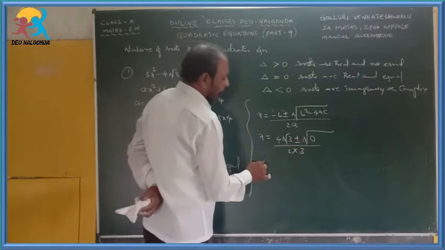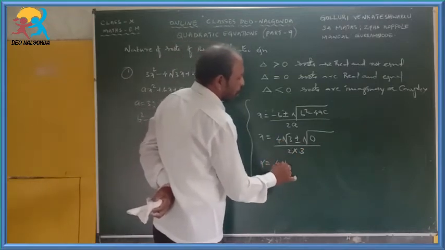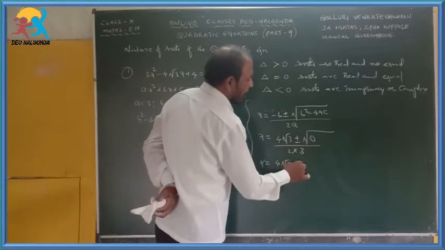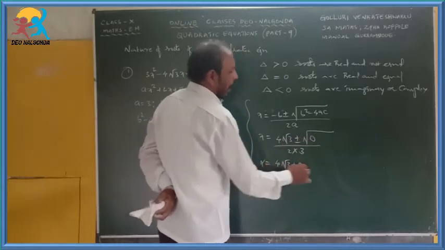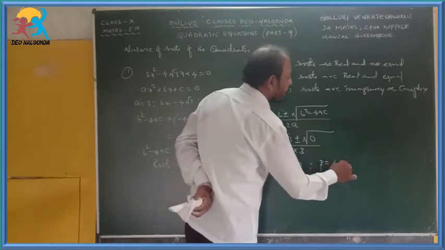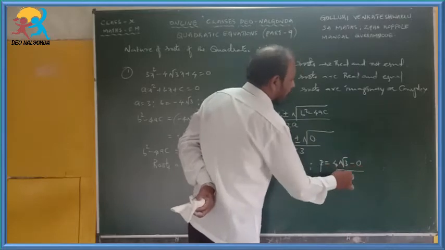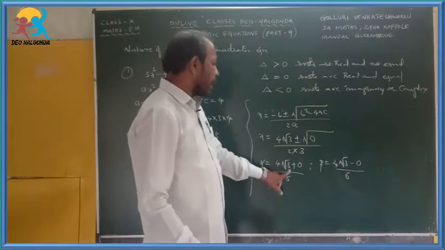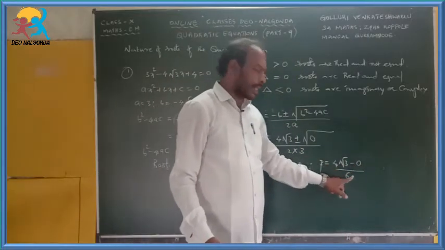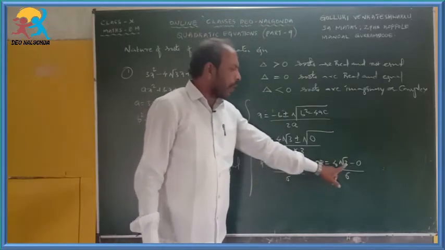So x is equal to alpha, the first root, 4 root 3 plus 0 by 6. The other root, beta, is equal to 4 root 3 minus 0 divided by 6. 4 root 3 by 6, here also 4 root 3 by 6. Both these two values are equal. There are no negative values inside the root.